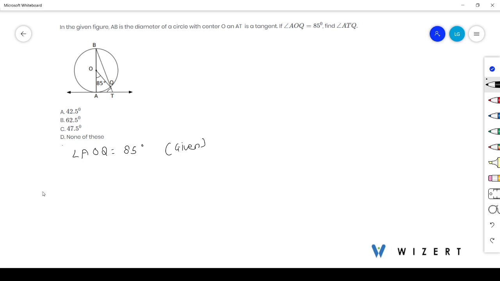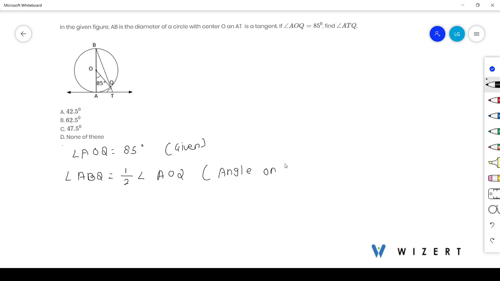As angle ABQ and angle AOQ are the angles on the circumference of the circle by the same arc, the relation between ABQ and AOQ will be ABQ equals 1/2 AOQ.